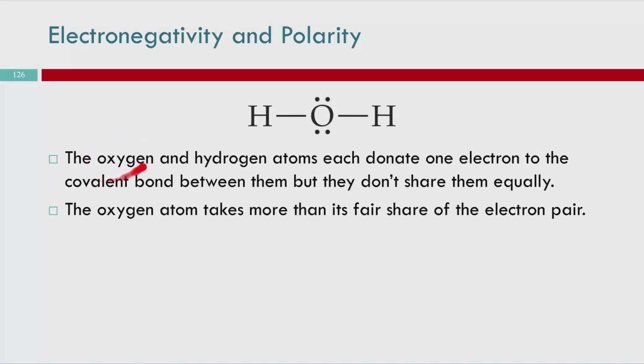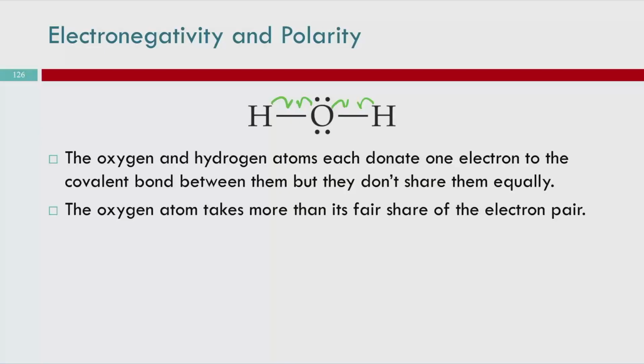So the oxygen and hydrogen atoms in water are each contributing 1 electron into this bond. Hydrogen gives its 1 electron into the bond, oxygen gives 1 of its electrons into the bond. And so in theory, they're sharing that bond nicely and evenly and fairly.